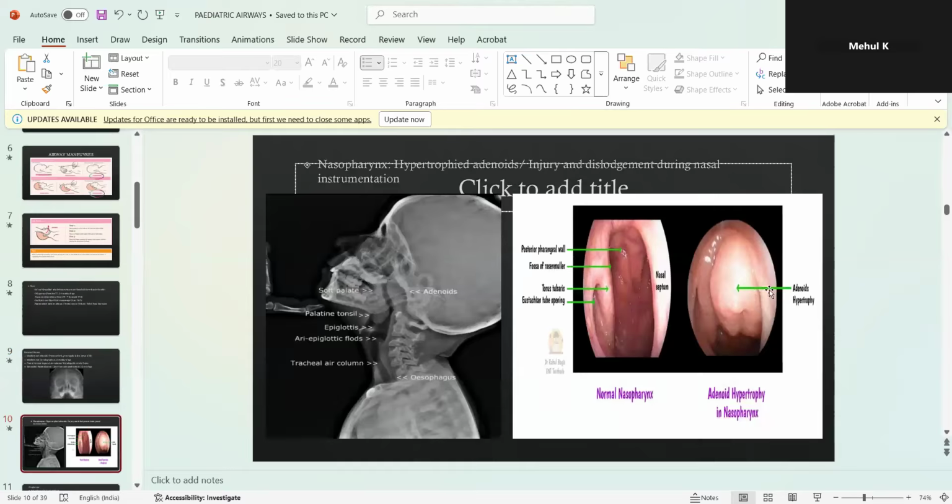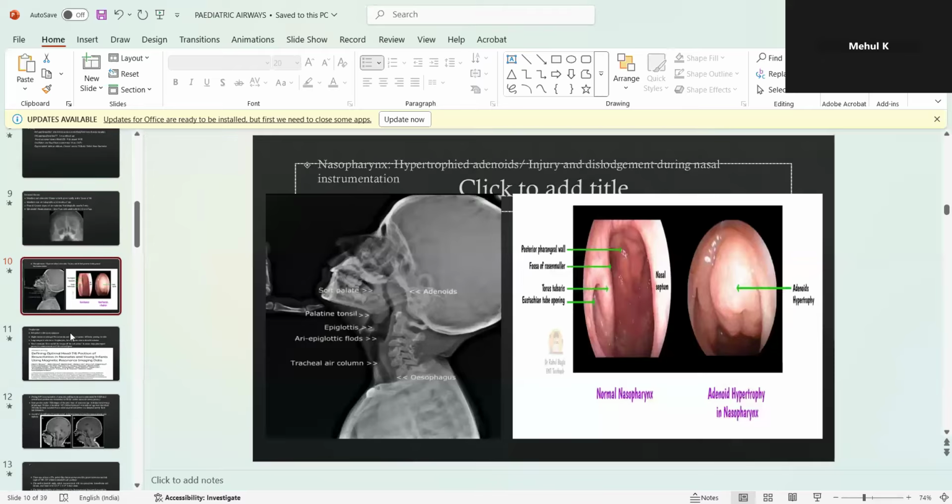You can see adenoid hypertrophy. There is a risk of dislodgement of the tonsil or even bleeding around the friable mucosa around the tonsil while performing any kind of instrumentation, something as trivial as a Ryle's tube insertion.